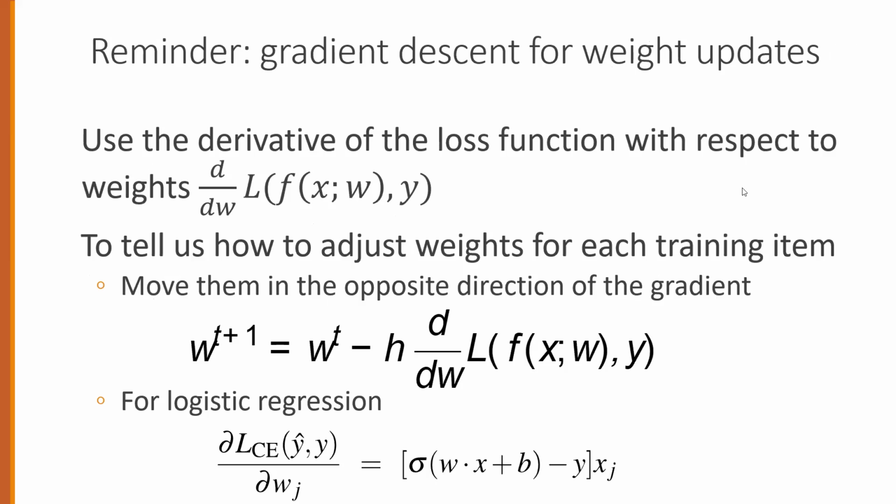And let's recall from the lecture on logistic regression how gradient descent works for weight updates. The magnitude of the amount to move in gradient descent is the value of the gradient of the loss with respect to w, weighted by a learning rate.